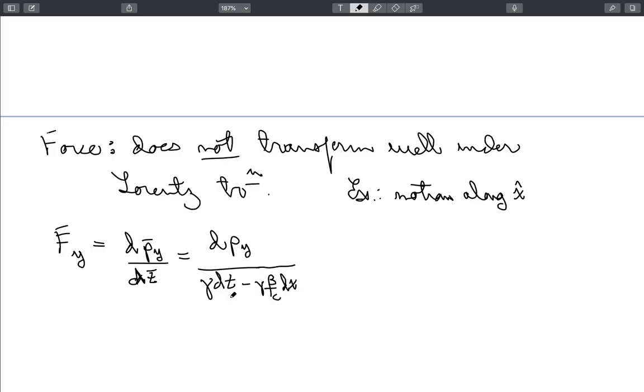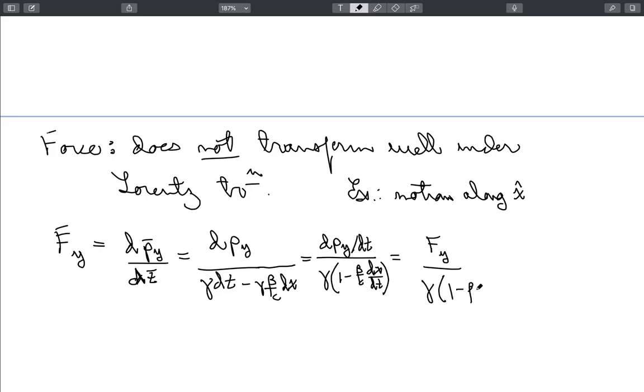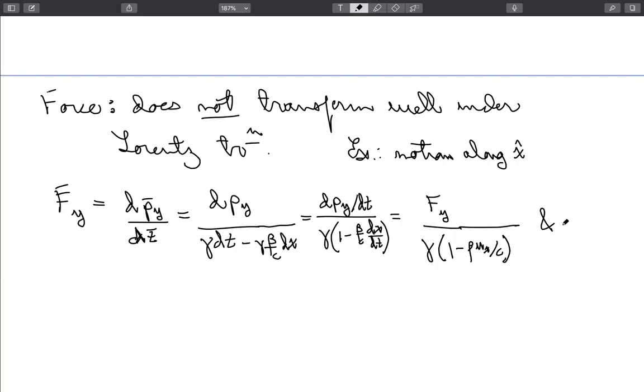This was just the Lorentz transformation law that we had, and this I can just rewrite as dpy/dt divided by γ, since I just divided by dt everywhere, times (1 − (β/c) dx/dt). And if you re-identify, this is just the force in the original frame, Fy divided by γ(1 − βux/c). And similarly for the z component of the force.